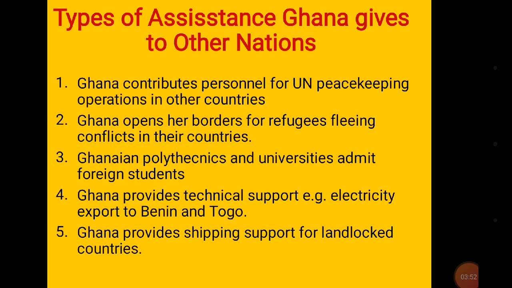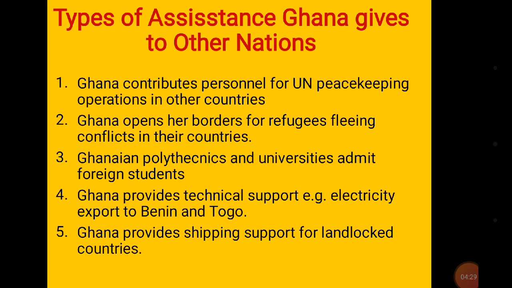In years past, there have been refugee camps set up in some parts of the northern region of Ghana, in some parts of the Volta North, and some parts of Accra to contain these visitors or refugees. One of the most popular refugee camps is the Budumburam camp at Kasoa. So that is another way Ghana helps or assists other nations.